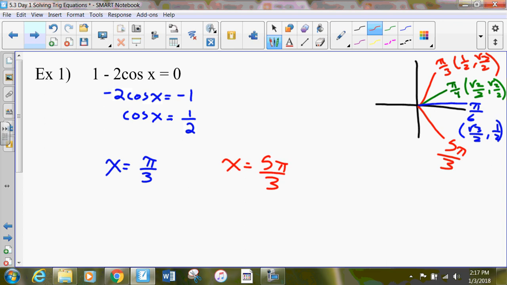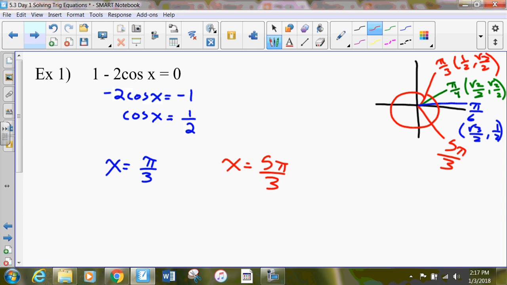You may wonder, why am I writing them separately? Because we know that there are even more angles that have a cosine equal to 1/2. Let's go back to pi over 3. If we take pi over 3 and add another full revolution, another 2 pi to it, that would give us 7 pi over 3, which also has a cosine of 1/2.